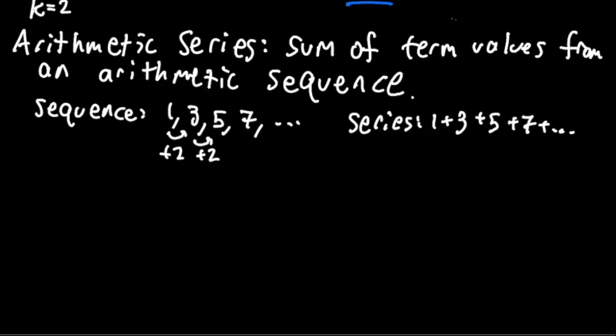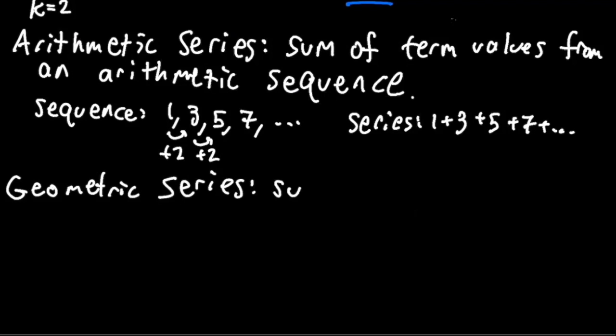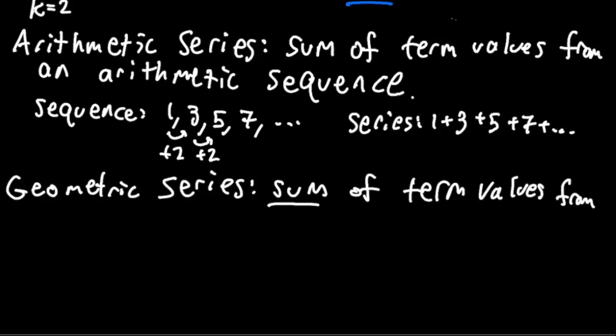Geometric series are similar to arithmetic series, except we're looking at a geometric sequence. One note is we're still looking at the sum of term values. So we're still adding all of our values together. The difference is that the values come from a sequence that is geometric. So term values from a geometric sequence.